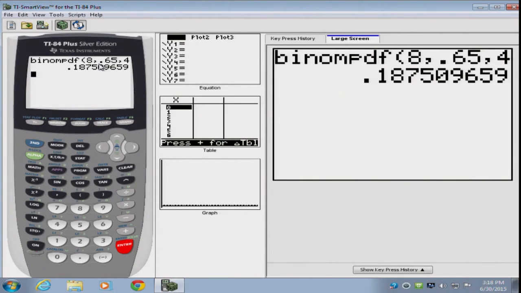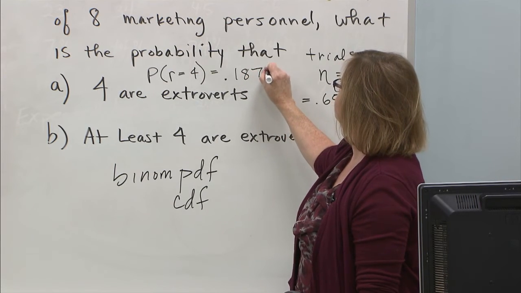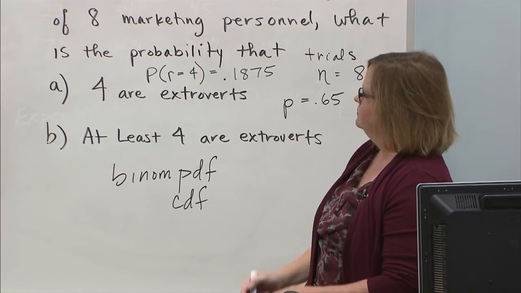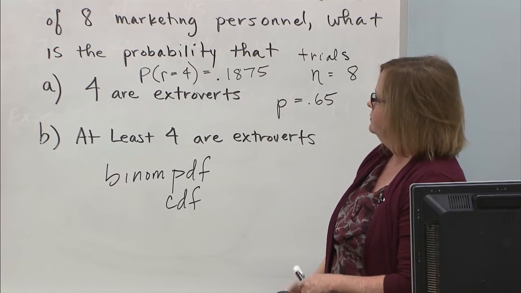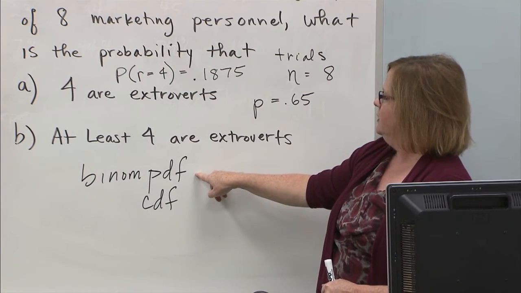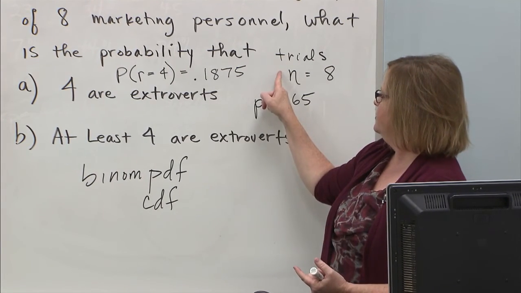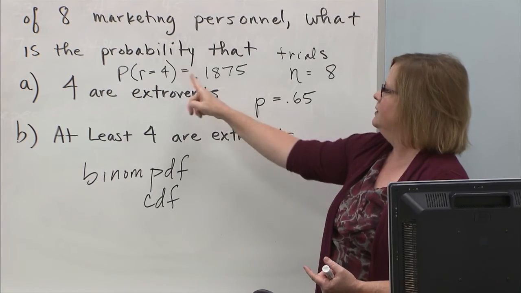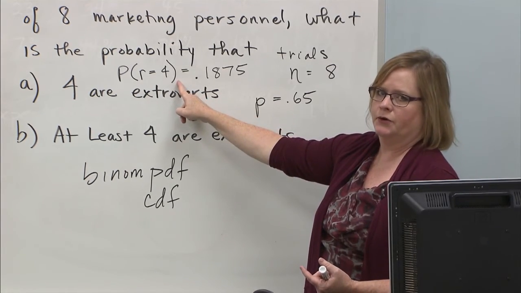Or X. X is used sometimes instead of R. It's just the number of successes. And then I would enter that calculator figure, 0.1875. Okay, so it's under binomial PDF, and then you need the number of trials, the probability of success, and the number of successes that you're looking for.